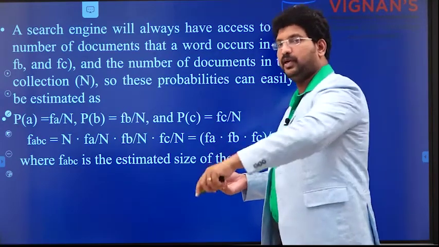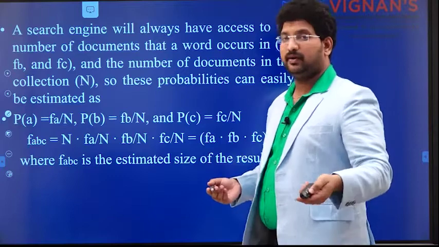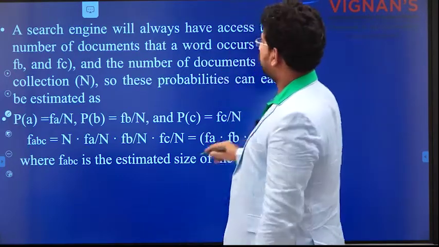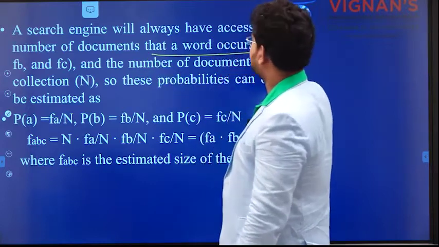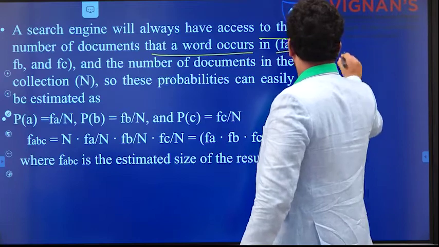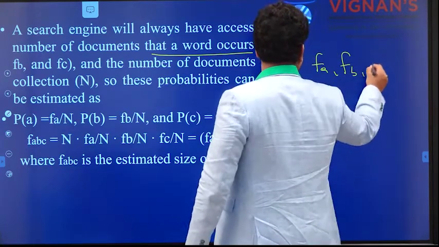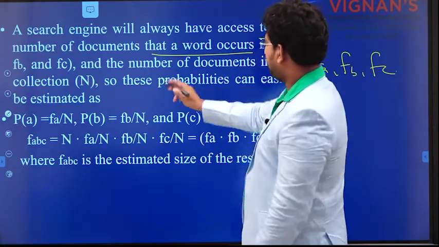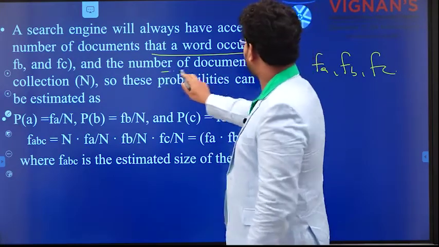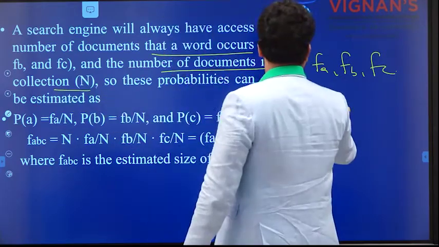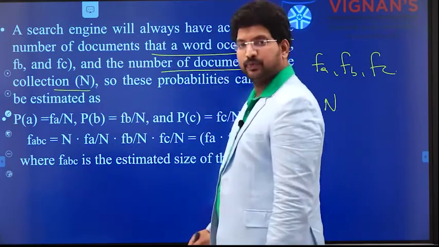So we have FA, FB and FC, the numbers of documents containing each word, and N, the number of documents in the collection.